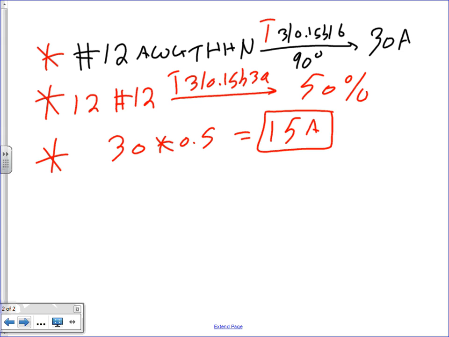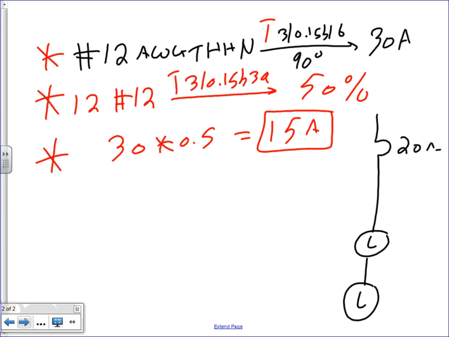Well, okay, here's the 20 amp circuit, and these are per conductor, right? Yep, absolutely. Here's my light. How much current can you get out of this branch circuit continuously? Continuously, 80% of the rating of the circuit breaker.